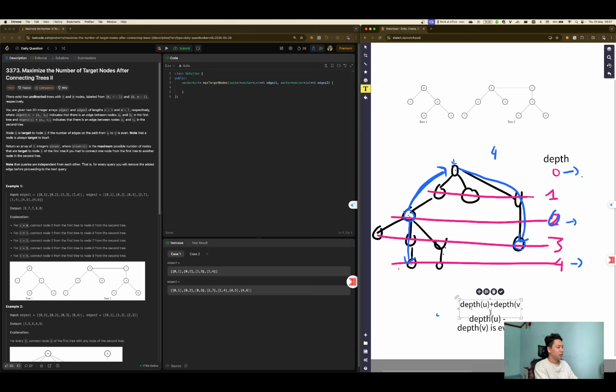In the case you travel from one branch to another branch, it costs the sum of two depths. And in the case you travel to a node inside the same branch, it's going to be depth u minus the difference between them. And all of these have the same formula, that it is also even.